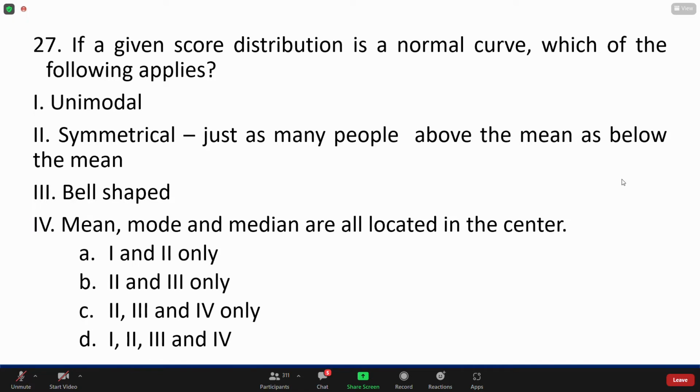Mean, mode, and median are all located in the center. Letter A, 1 and 2 only. Letter B, 2 and 3 only. Letter C, 2, 3, and 4 only. And letter D, 1, 2, 3, and 4.